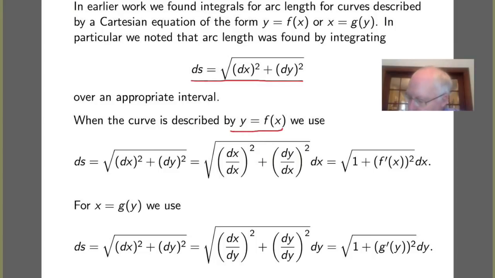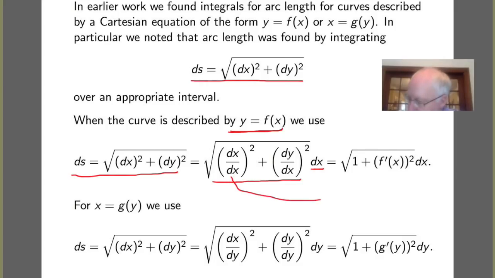So if we have a y equals f of x description of the curve C, we would start with this ds expression, divide both things inside by dx squared, and then multiply by dx, so we're in effect multiplying by 1.